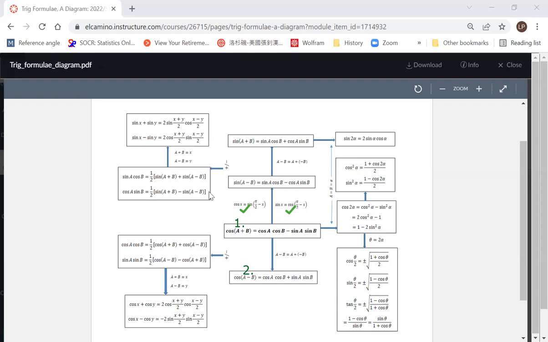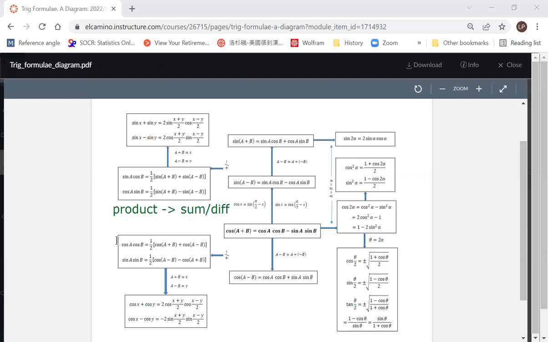So each has its purpose. So let me mark some notation. Here, these two show going from product to sum or difference.